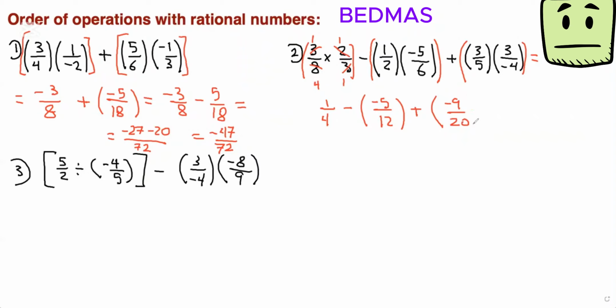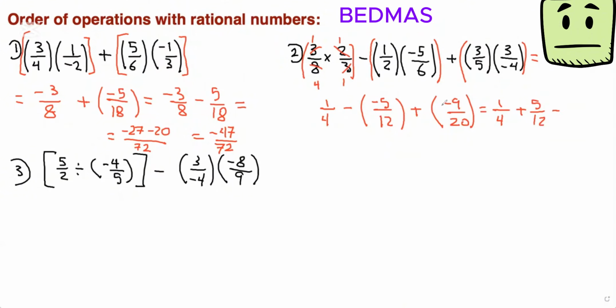Again, whenever you have a negative on the bottom, just take it to the top. It doesn't help you leaving it on the bottom, especially when you start doing lowest common denominator and all that stuff. So here we need to rewrite this as 1/4. Negative and negative is plus 5 over 12.